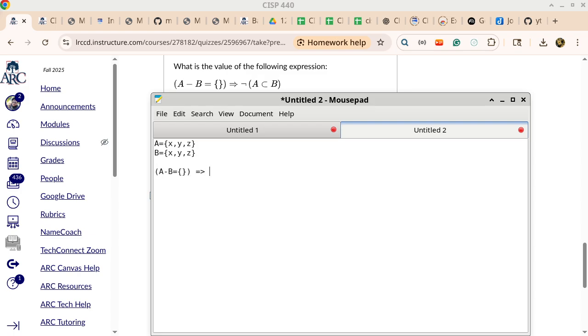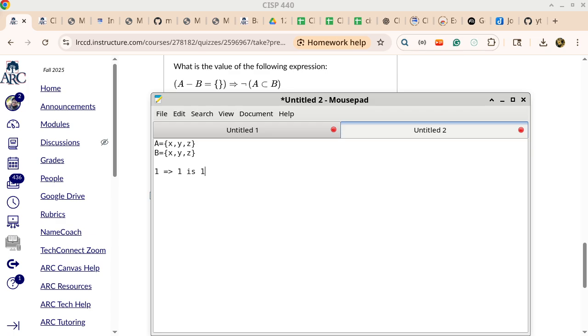Is A a proper subset of B? That is false, but not false is true. So we end up with true implies true, which is true. Are we doing okay so far?